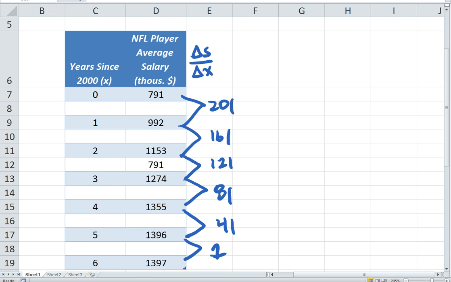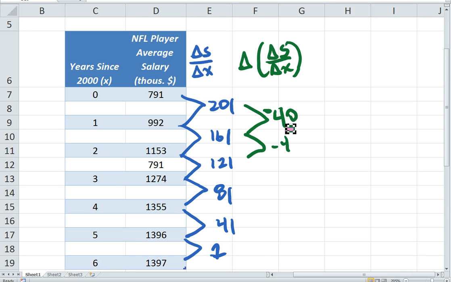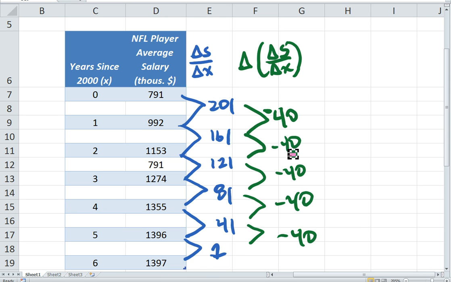Well, over here I have a cleaner table. So I noticed that the change in the salary over time is equal to a decrease of 40. So the salary raise is 40 less than it was the year before, every year. Every year the salary increase is smaller and smaller.